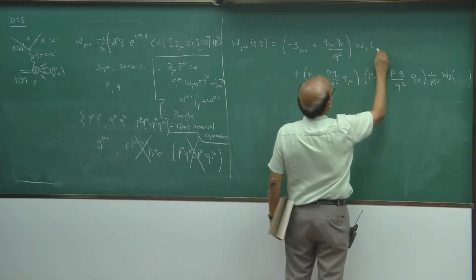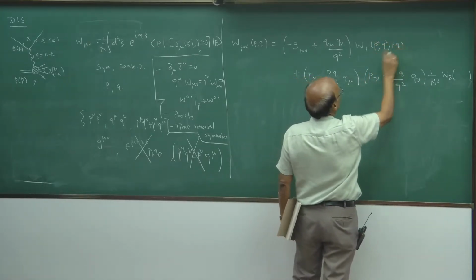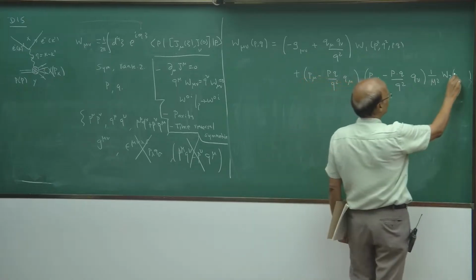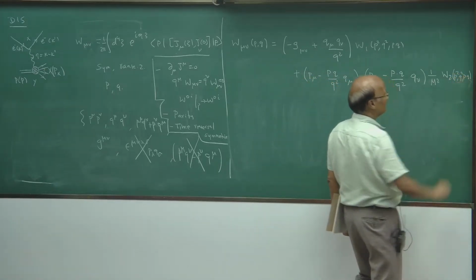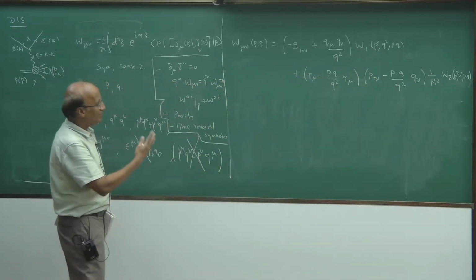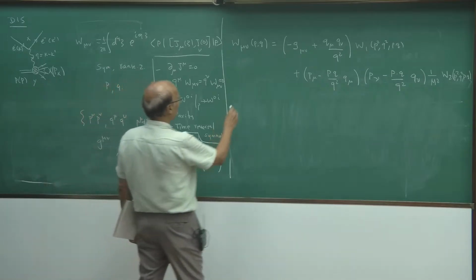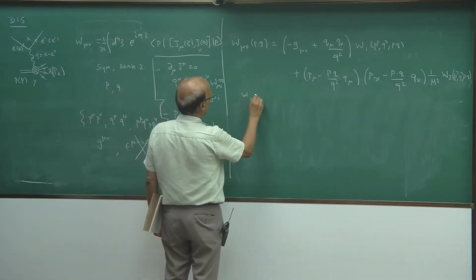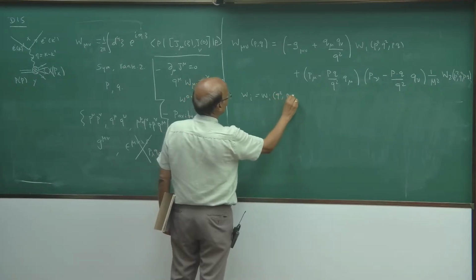You can drop p square because it's just the mass of the proton. It is not telling you anything big. So in principle it's a function of q square and p dot q.